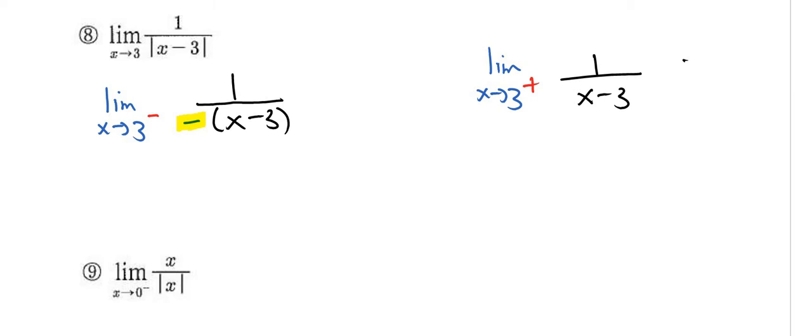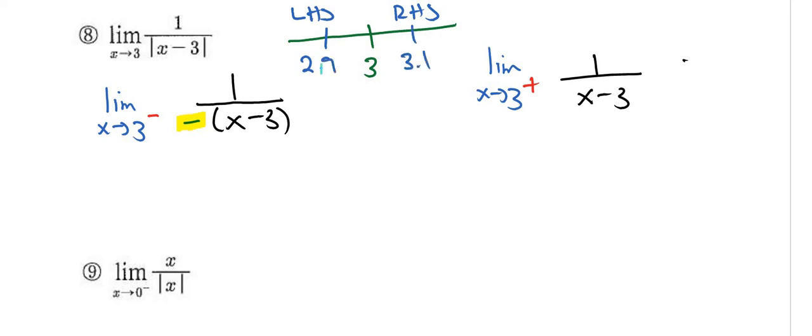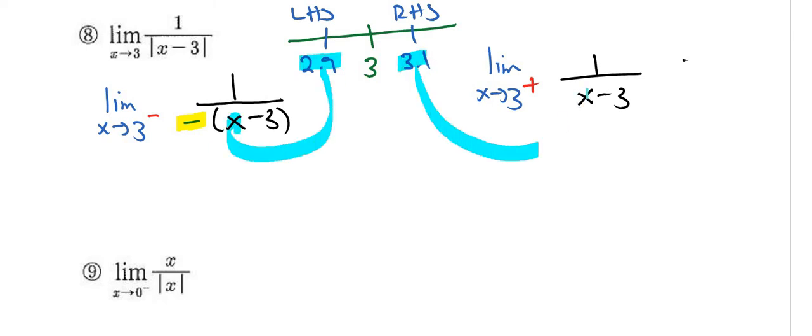Okay, so now we can approach this question the same way that we approached the other questions. We would put 3 in the middle, and now we have a left-hand side and a right-hand side. A number on the left-hand side of 3 could be 2.9, and a number on the right-hand side of 3 could be 3.1. And the idea now is you take these numbers like 2.9 and just substitute them in.